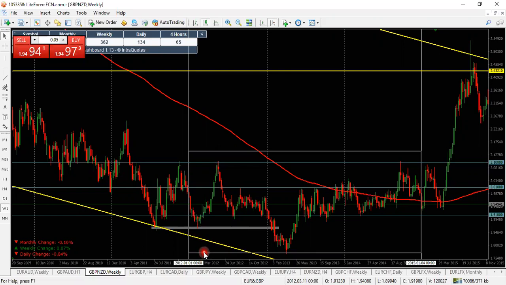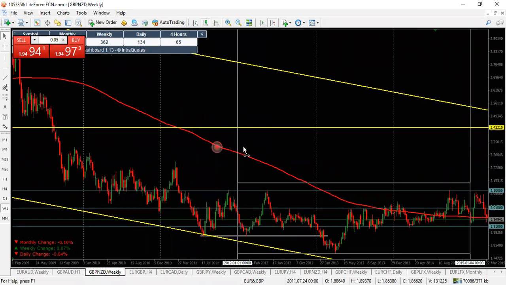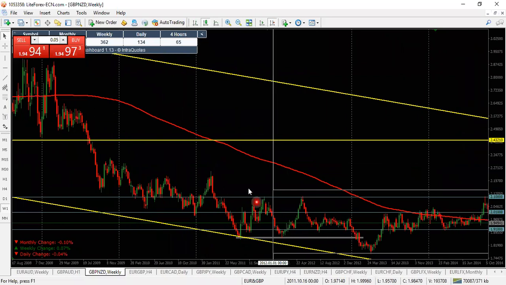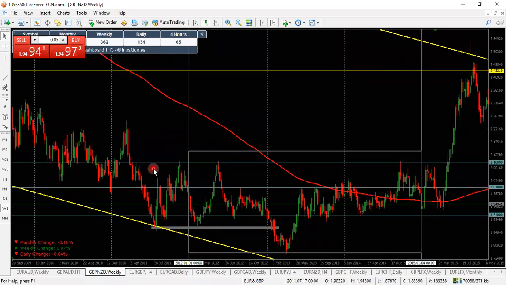That's still not a very good entry because we know that we are in a downtrend. So we're looking for an opportunity to go shorting the space.